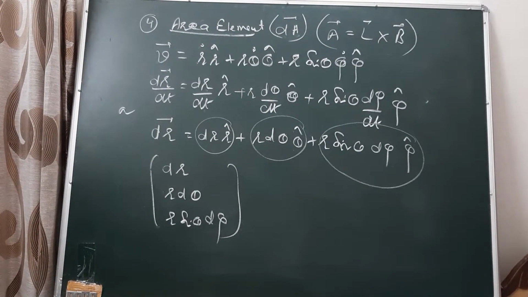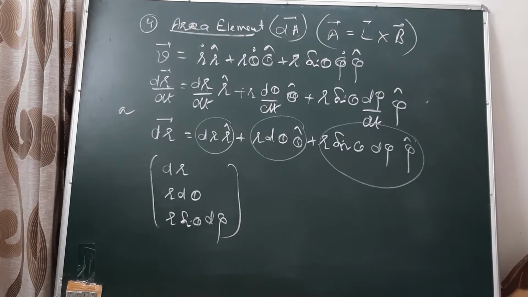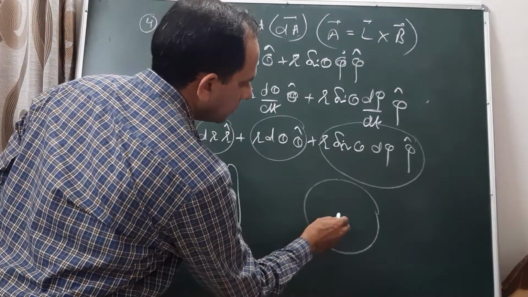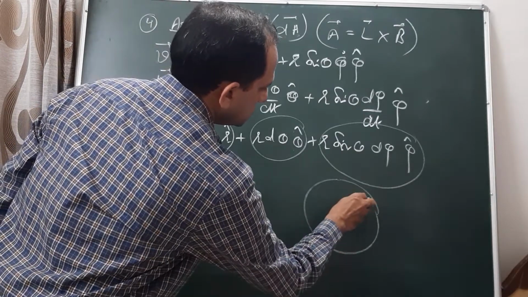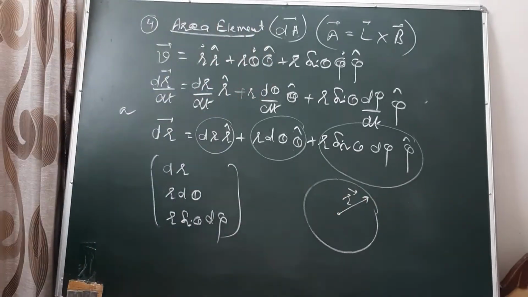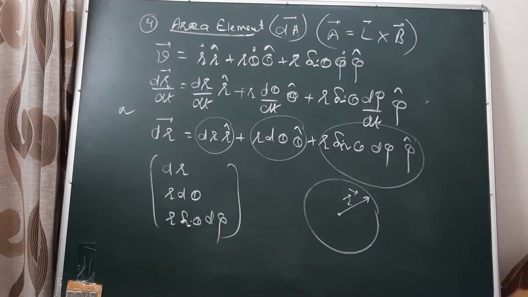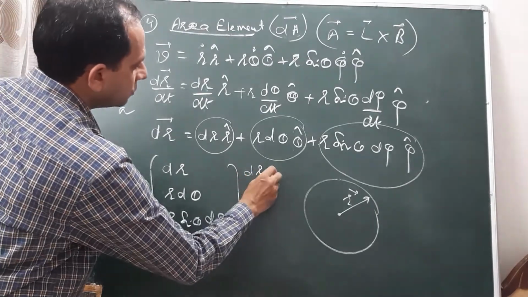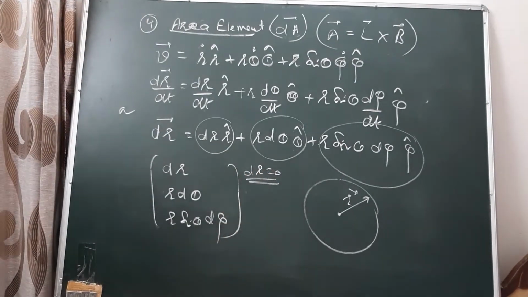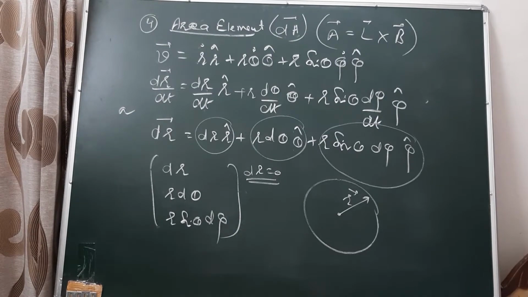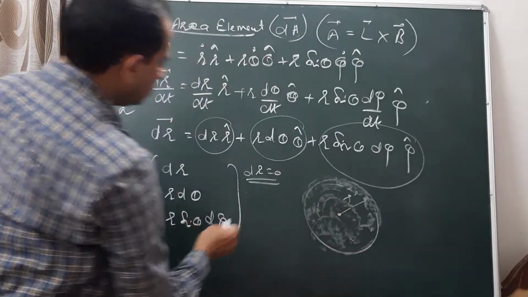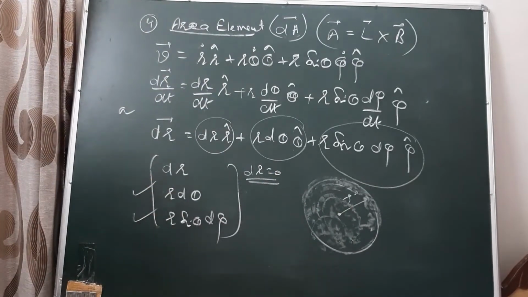Now we will calculate here surface area of sphere. We know that in case of sphere, radius is constant, r remains constant. So r is constant, there is no change in r. It means dr is 0 for surface area, and only variables are other two variables, that is second and third variables.